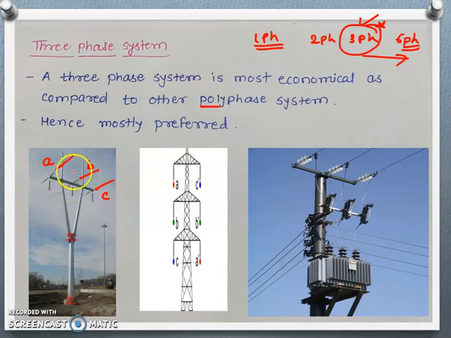These are known as power conductors or phases. Suppose this is called phase A, phase B, and phase C. Here there are three conductors, so this is the three-phase system we have.